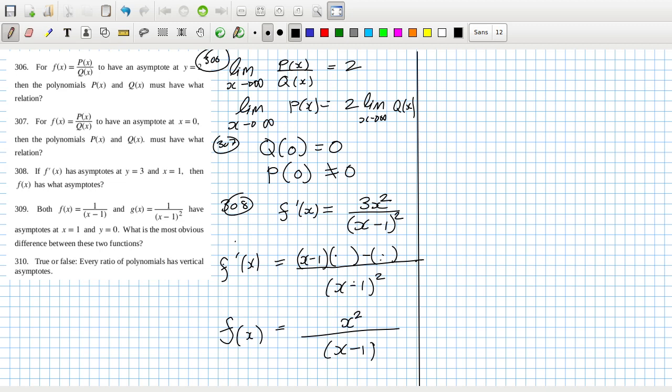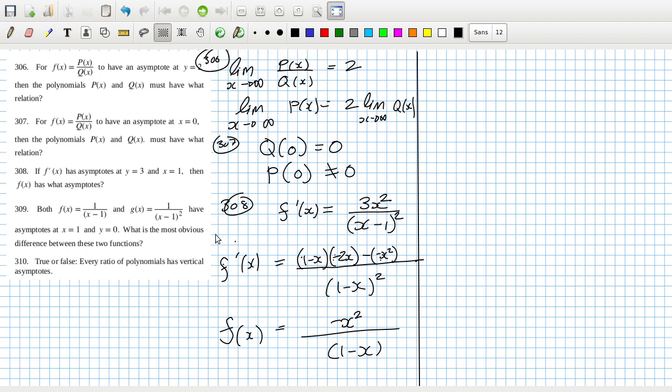So the bottom times the derivative of the top minus, okay, what about minus? So that'd be minus 2x and then minus x squared. So if I change this now to 1 minus x, oh, no, that's not going to work.